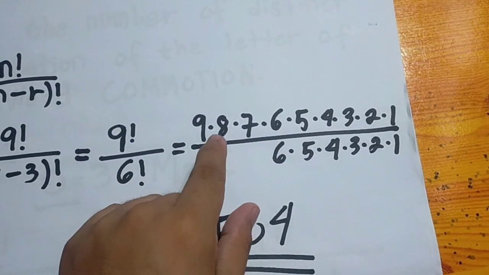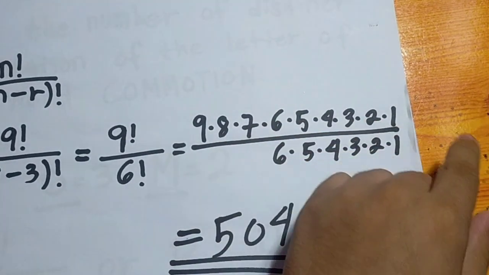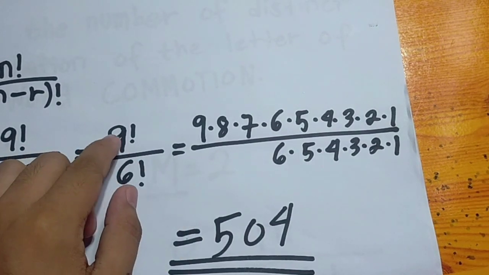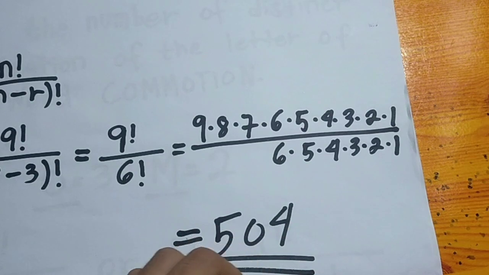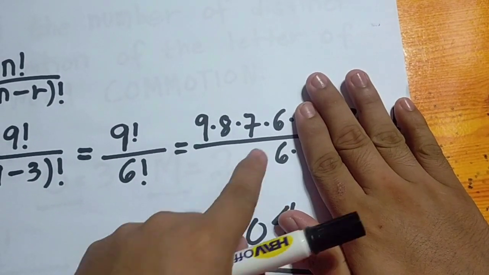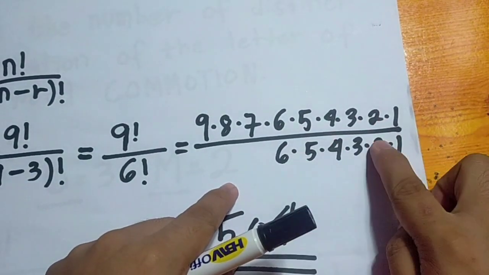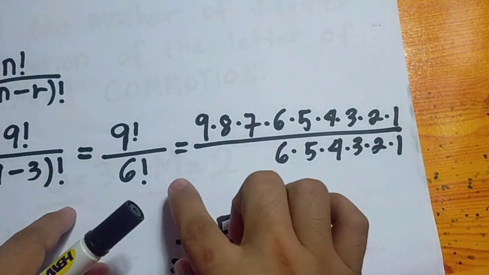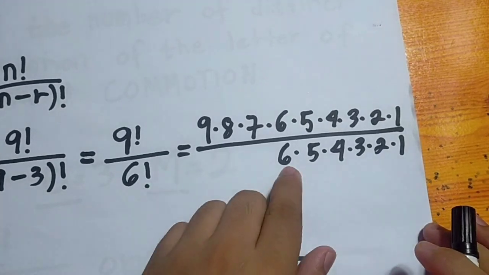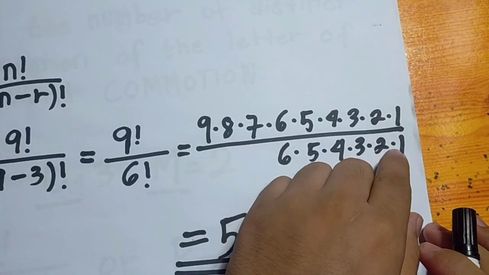So let's expand the factorial. 9 times 8 times 7 times 6 times 5 times 4 times 3 times 2 times 1. For 6 factorial, we can stop the expansion at 6. What remains is 6 factorial, because we will cancel it out. So, to understand better, let's copy it all. 6 factorial, 6 times 5 times 4 times 3 times 2 times 1.